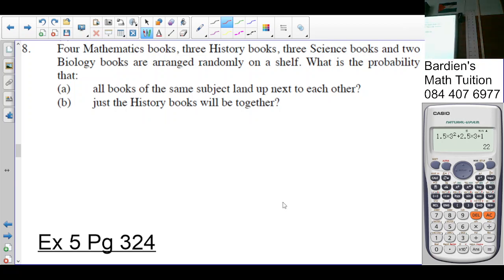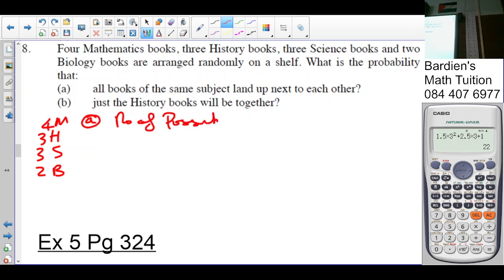So what we have is 4 maths books, 3 history books, 3 science books, and 2 biology books arranged randomly on the shelf. What's the probability that all the books of the same kind land up next to each other? So the number of possible outcomes: how many books are there in total?